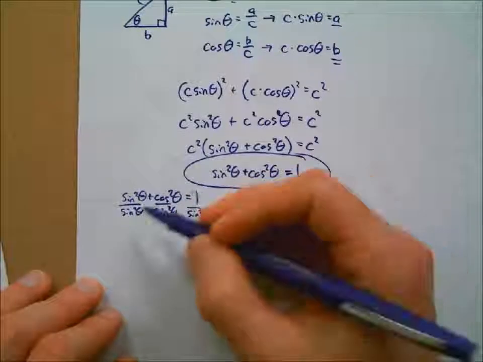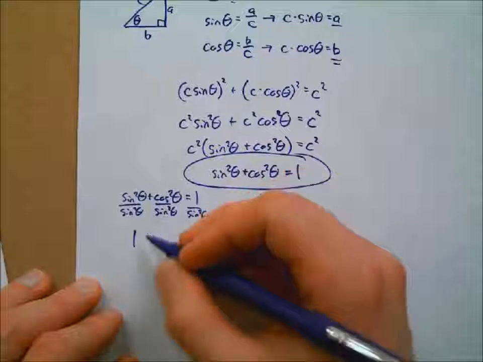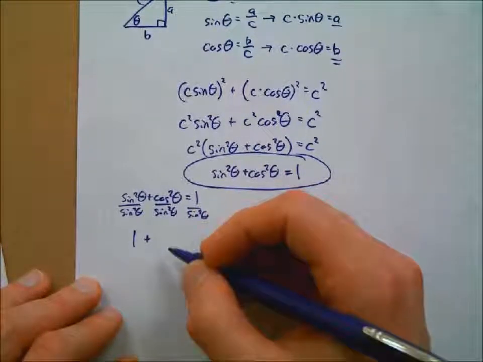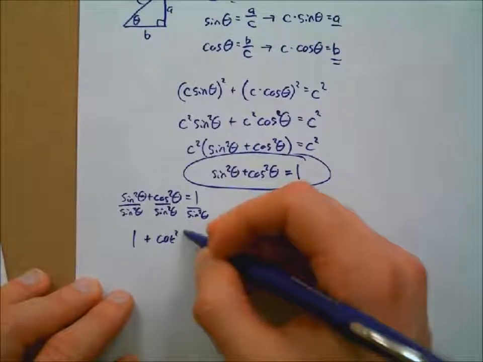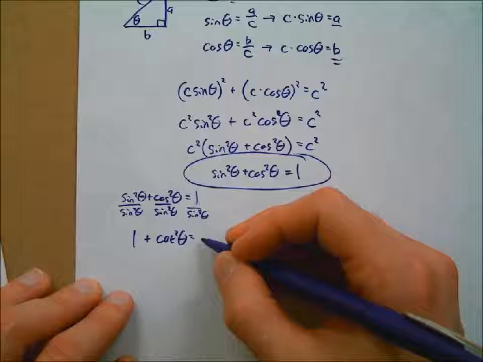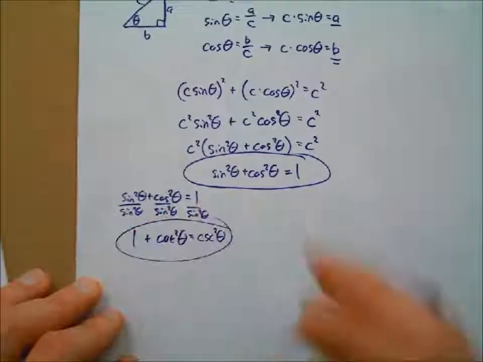If you divide both sides by sine squared theta, what does that simplify to be? 1. What's cosine squared over sine squared? Cotangent squared. What's 1 over sine squared? Cosecant squared. And there's another Pythagorean identity.